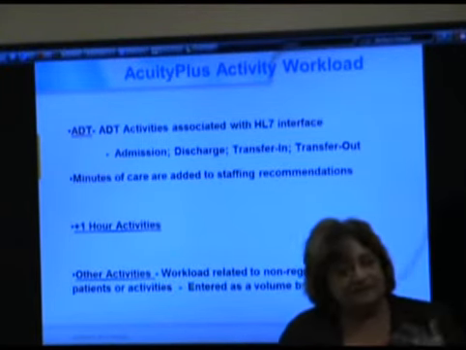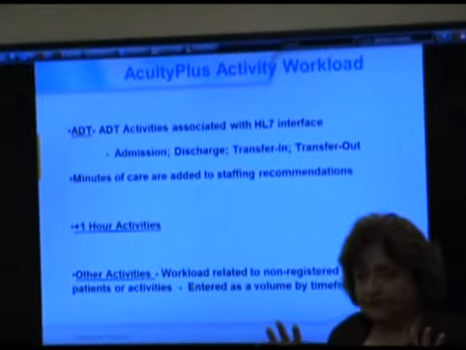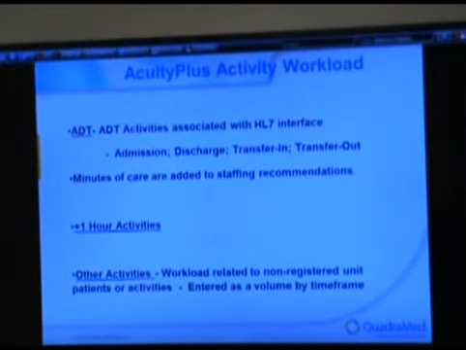And we will be able to see then the frequency of you leaving, the time it takes for you to be there, and how that workload impacts you over a 24-hour period. So we'll be able to look at that by hour of day. Does that make sense to you? Okay, good. Questions?